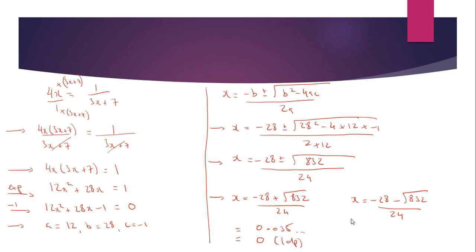And this one, minus 28 minus root 832 all over 24, gives me negative 2.4 to 1 dp. Okay, so yeah, these are my answers here and here. If you coped with that, then well done, because this is certainly an A-star question, because you had to make the equation yourself first to solve it. So hopefully that went all right. Thanks for listening, and we'll see you soon. Bye.